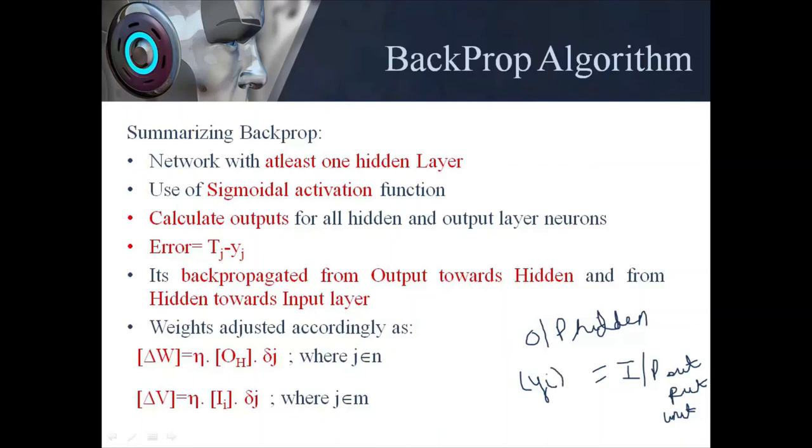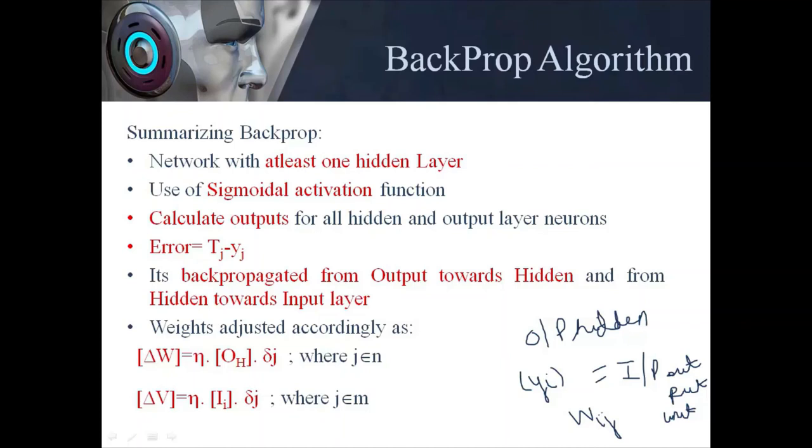For the weight updation wij, I was the input or the hidden layer neuron and j was the output neuron. To update this weight, I was considering the output of the hidden layer ith unit, which was coming as the input to the jth output unit.